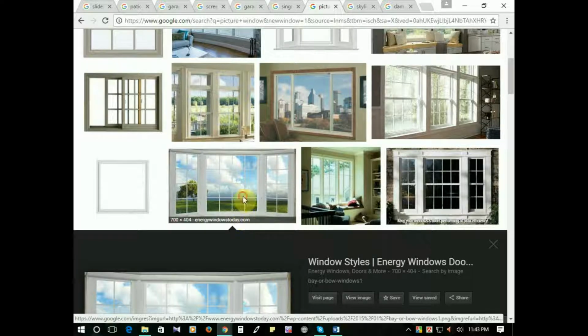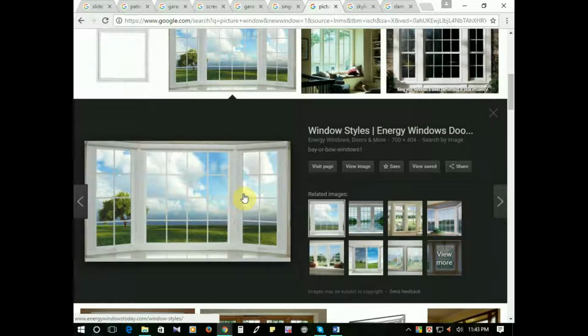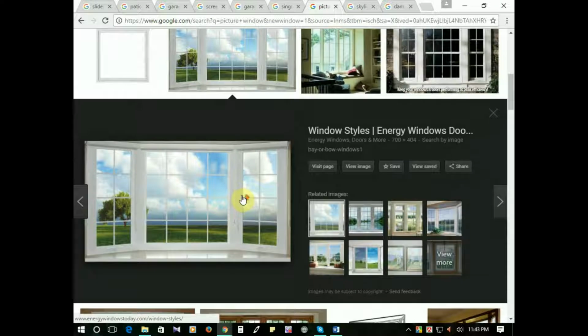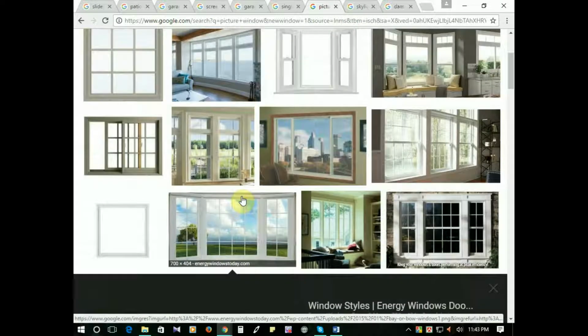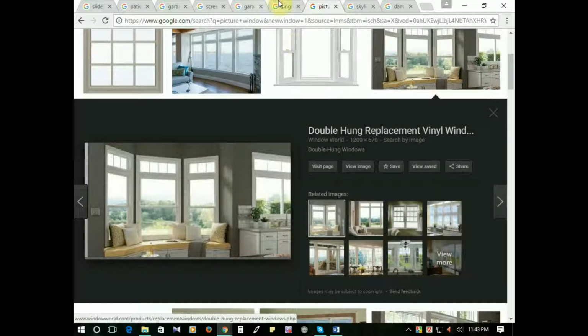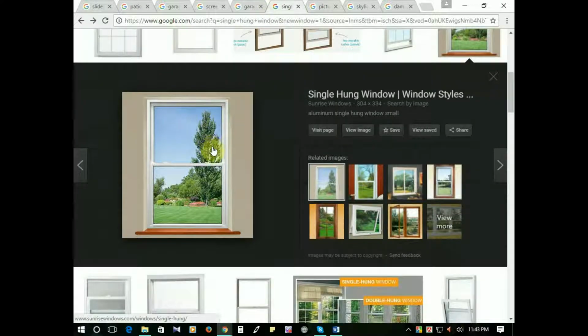If you just look in the video, you will see that these are basically picture windows, and as you can see, they're very wide, and they can be very easily distinguished from single hung or double hung windows.